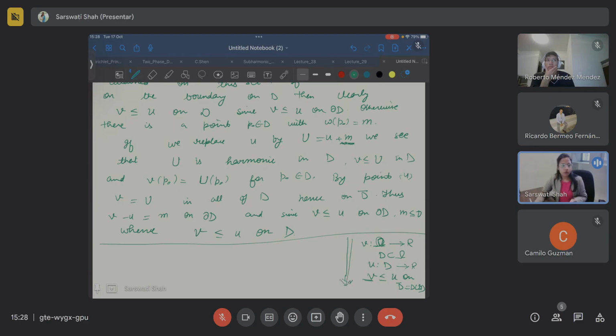Most books say that a subharmonic function is defined in this way only. But I was able to find a book with four definitions of the subharmonic function. So if any of the four conditions is satisfied, it is subharmonic. But most books mention only this definition, that you are able to find a harmonic function in a subdomain of omega such that v is less than or equal to u in this connected set.